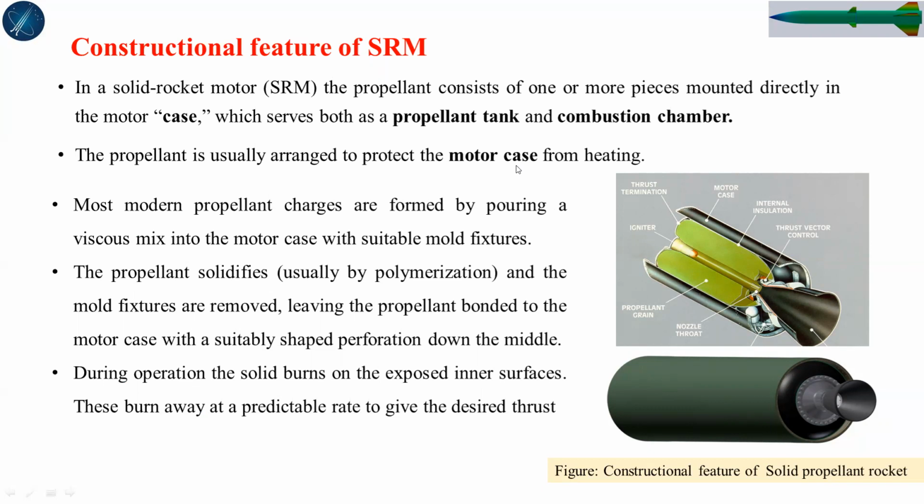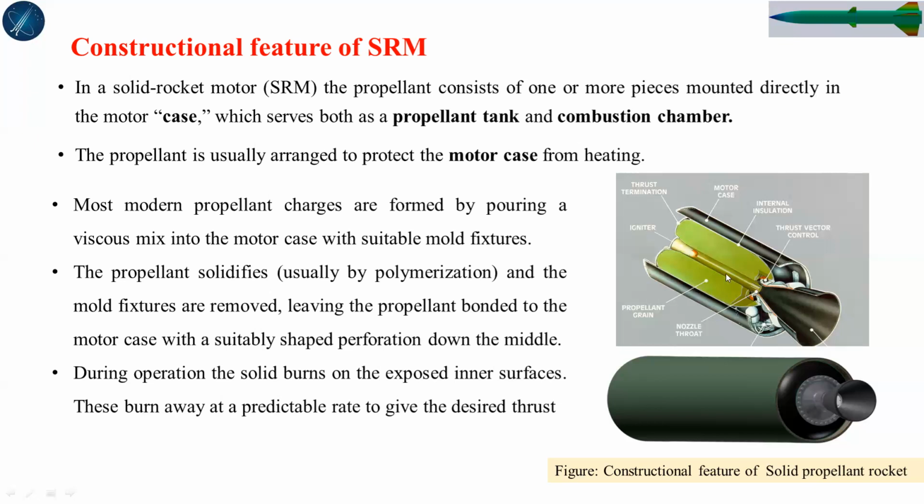So in a solid rocket motor, we simply write it as SRM, which indicates solid rocket motor. The propellant consists of one or more pieces mounted directly in the motor case, which serves both as a propellant tank and a combustion chamber. So the design of the solid rocket motor serves as a propellant tank as well as the combustion chamber, so every ignition process will take place inside of it.